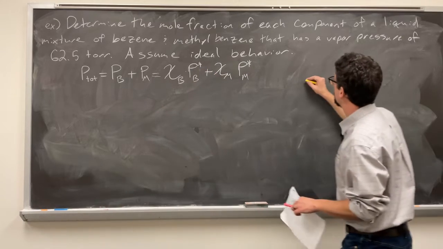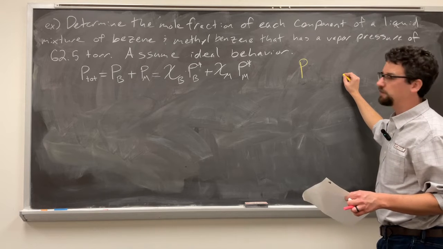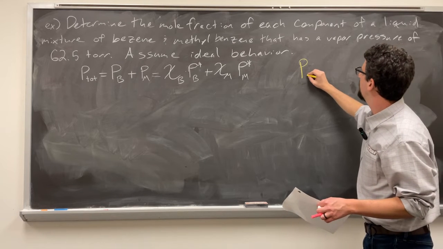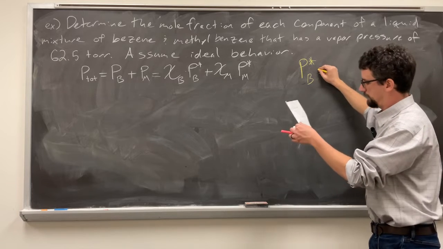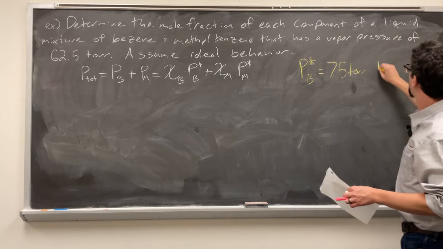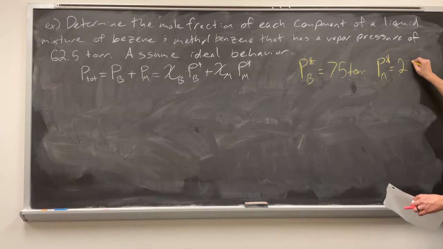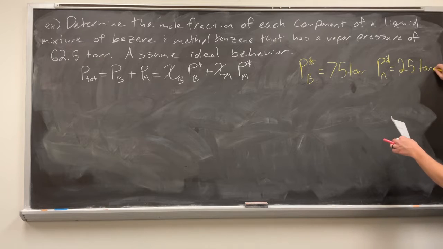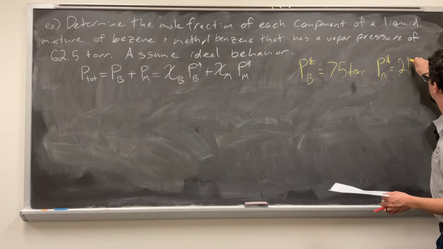You can look those up in a table. For the temperature I went with, which I think was 20 degrees C, the vapor pressure of pure benzene was equal to 75 torr. And the vapor pressure of pure methylbenzene was, oh, I'm sorry, it was 21 torr.